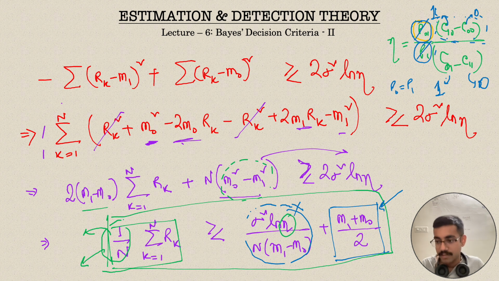So with this, we have finished the Bayes decision criteria today. In the next lecture, we'll be taking our last decision criteria, that is the min-max decision criteria. Just as I said, it depends on what is given to us.